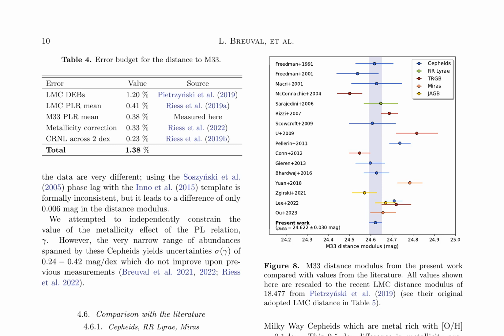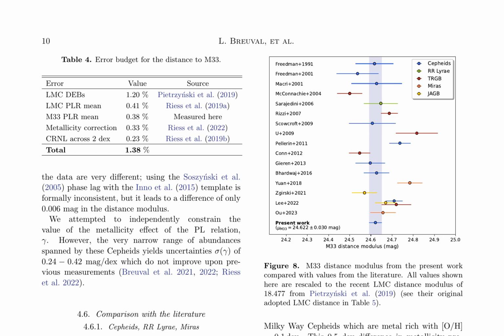The final distance modulus is 24.622 plus or minus 0.030 mag based on the gold and silver samples combined in the MW_H filter. The authors compare their distance modulus with other values from the literature, finding good agreement with estimates based on Cepheids, Lire, and Miras.